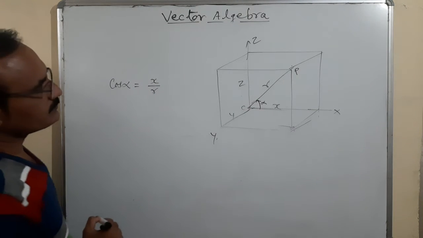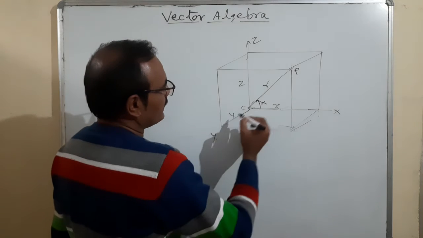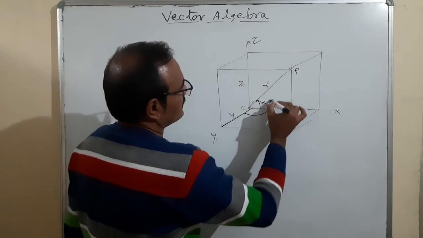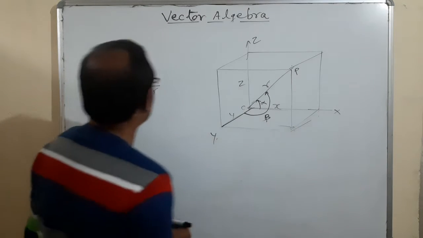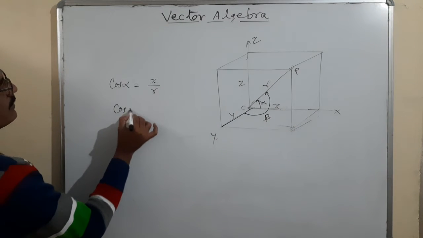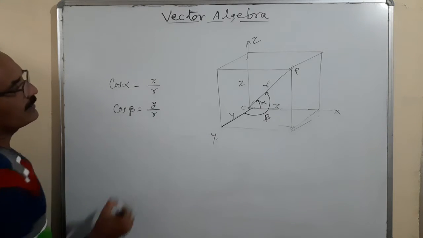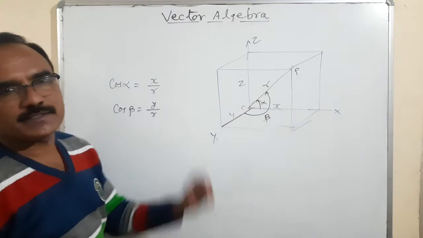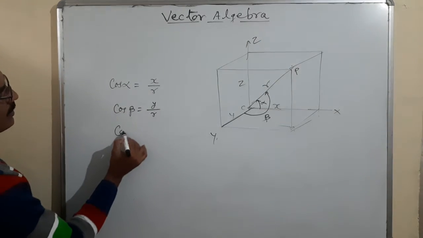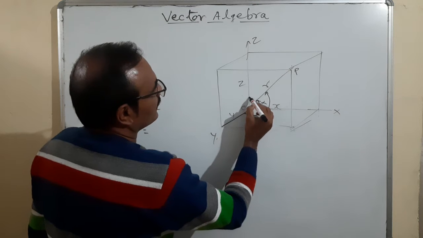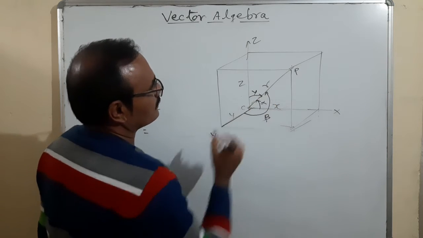cos alpha. Same line is making angle beta with y-axis. So this angle is beta. So when I write here, cos beta is equal to y upon r. Y is along y-axis. And cos gamma, gamma is the angle this makes with line OP.